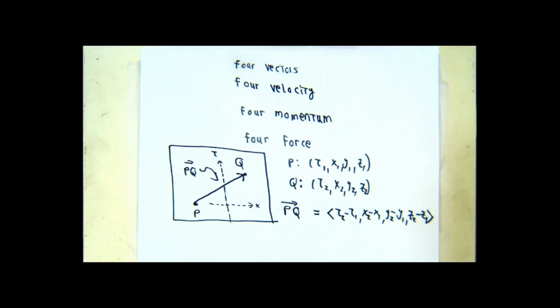But one of the things we're very interested in special relativity, at least, is changing from one coordinate system to another, and there is no guarantee that when we change coordinate systems, these components are going to be the same numbers as they were in the system that we started with.